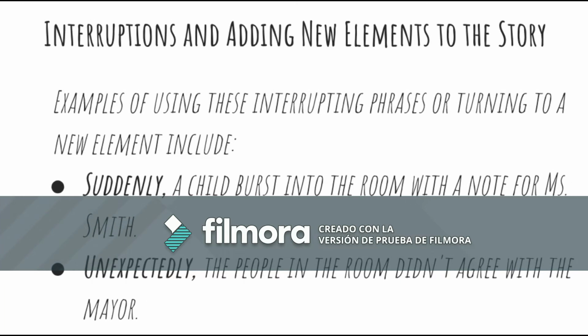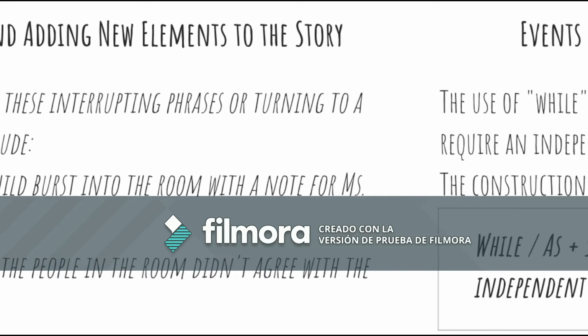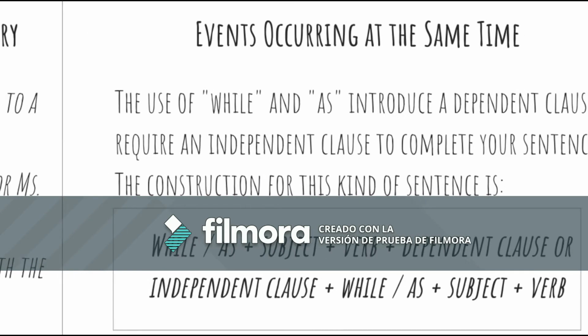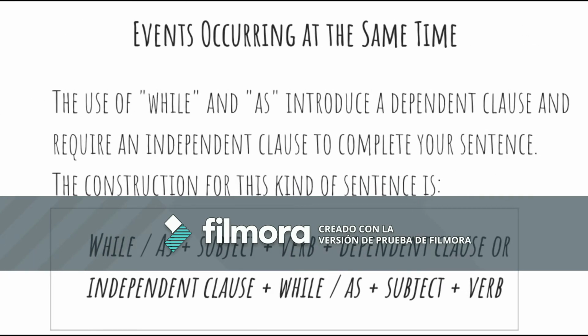For example, suddenly a child burst into the room with a note for Miss Smith. Unexpectedly, the people in the room didn't agree with the mayor. There is a touch of surprise when we use suddenly or unexpectedly, but it improves our story. Now, in case there are some events happening at the same time, we can use while or as.